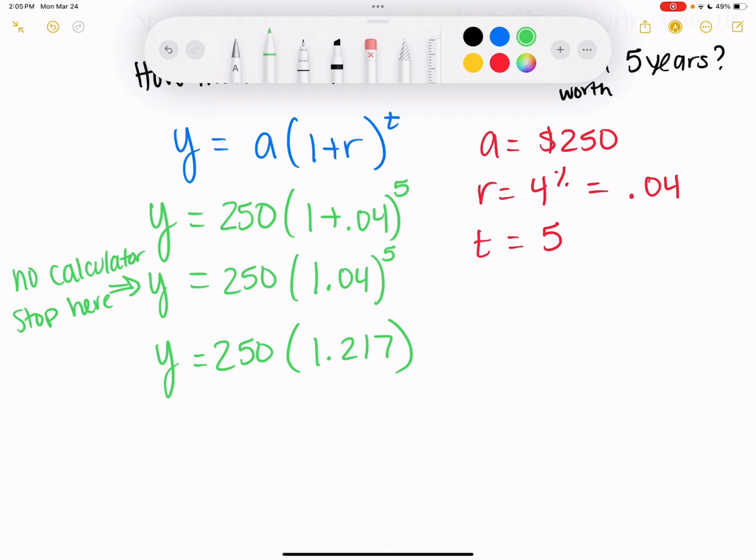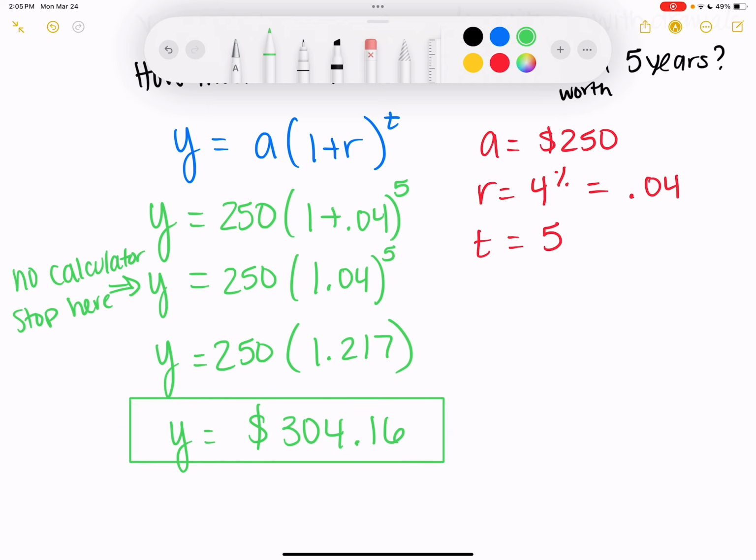And so that would be $304.16, because money always has 2 decimal places, right? So y would be $304.16. So if you didn't touch your money at all at a 4% interest rate, after 5 years, you would have $304.16. So you basically made about $54.